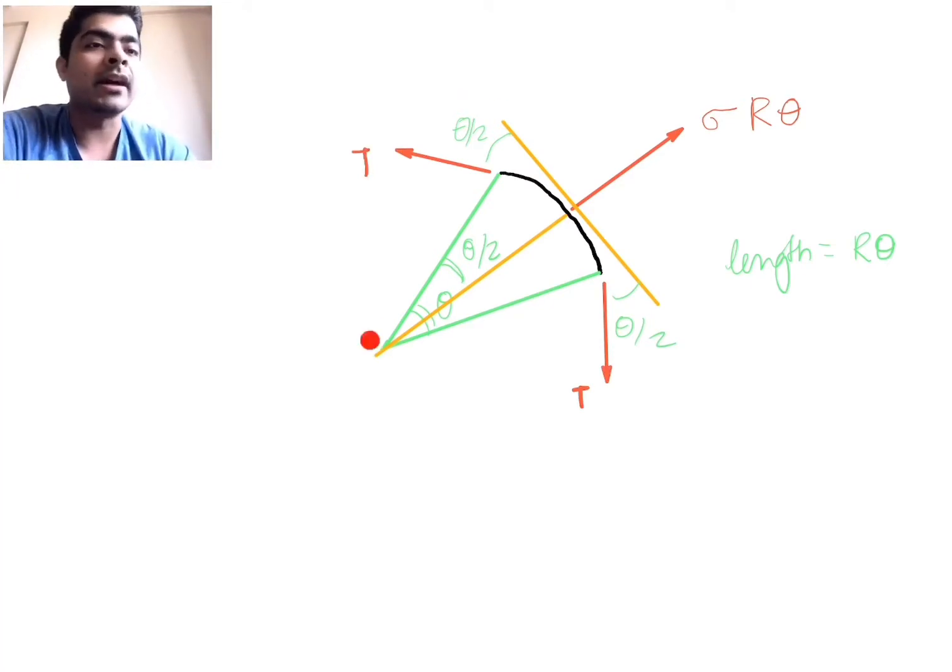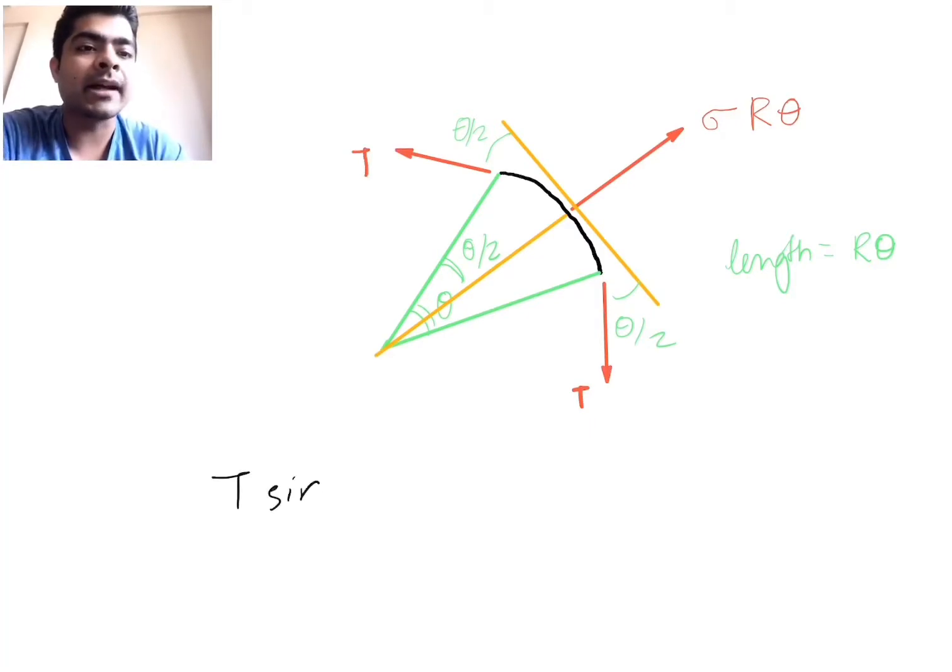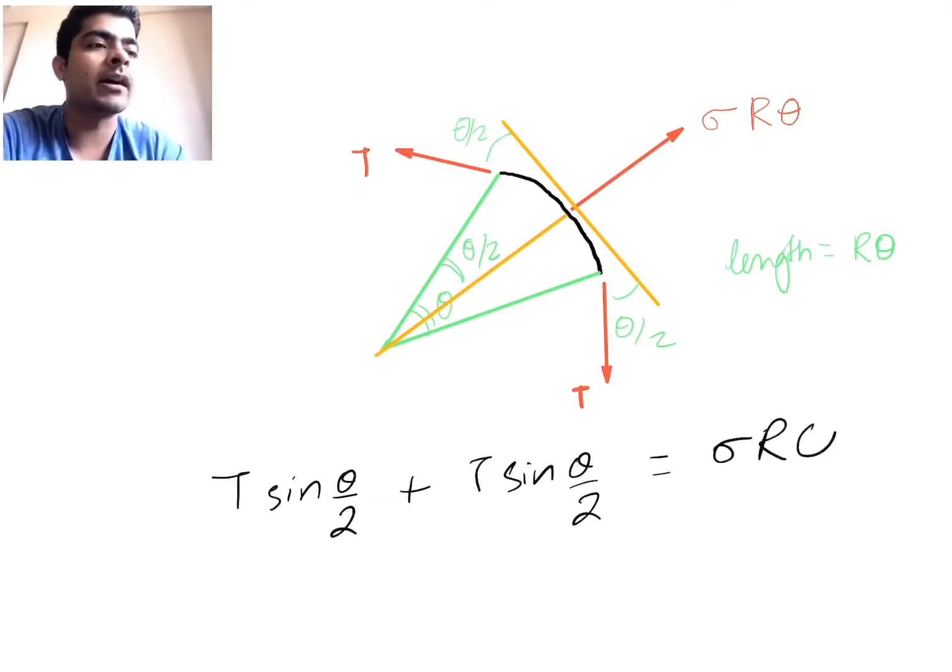So along the radius, along this orange line, net force should be 0, it should be in equilibrium. So component of tension in this direction will be how much? T sin theta by 2. Component of tension in this direction, T sin theta by 2. They will balance sigma r theta. So I can write T sin theta by 2 plus T sin theta by 2 should be equal to sigma r theta.